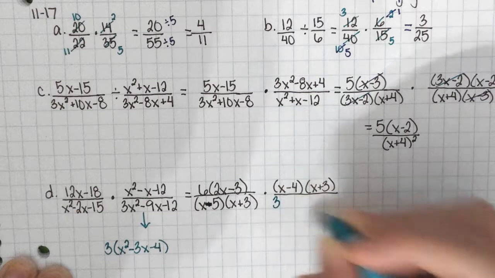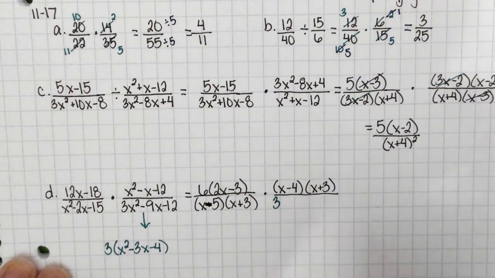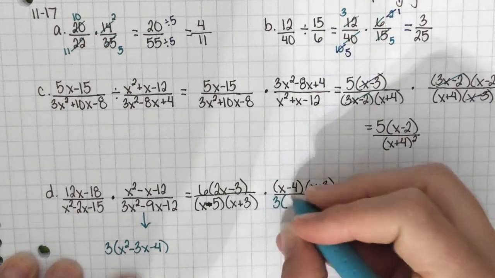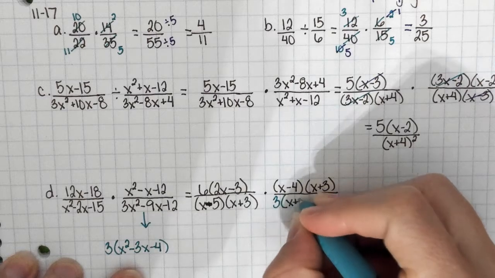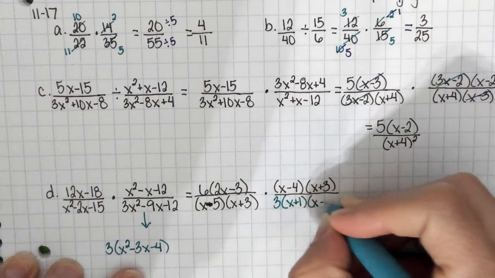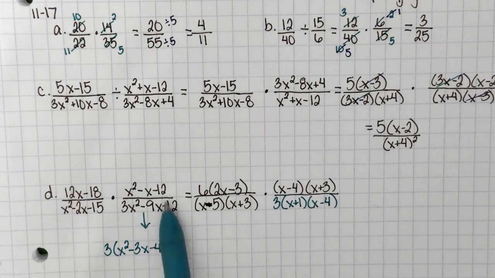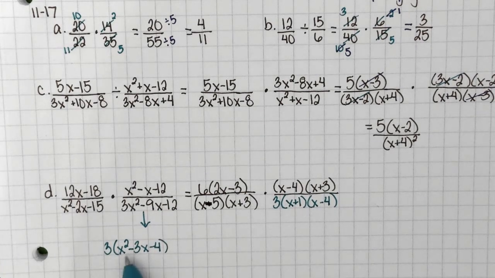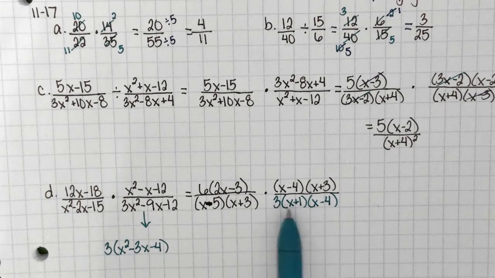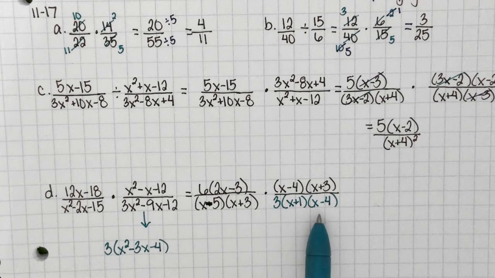So this second denominator completely factored, the 3 out in front, and then x plus 1 times x minus 4. So that factors to that by pulling the 3 out. If you leave the 3 in at the beginning, you could factor it out after. That's fine too, but you have to factor it out in order to see how everything simplifies.